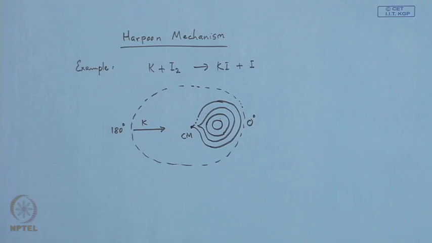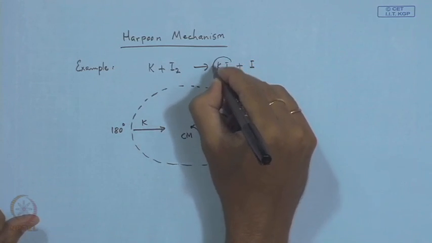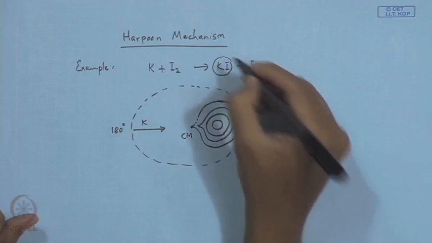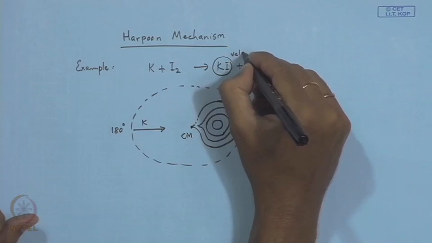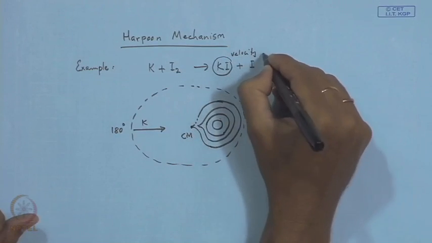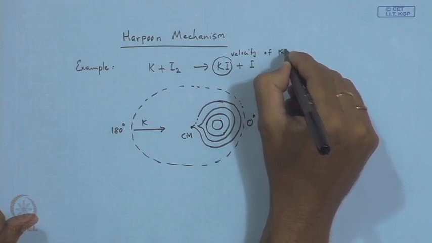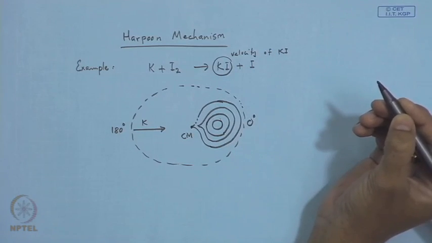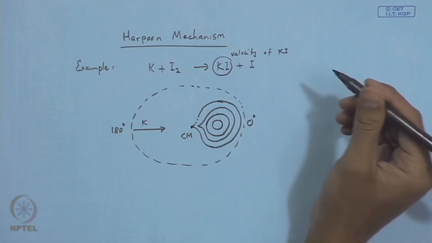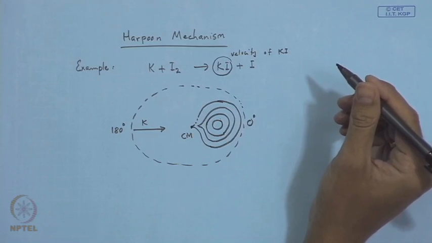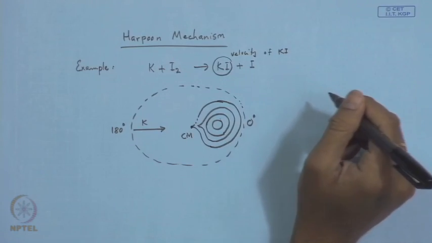This contour represents lines of equal product flux as a function of KI velocity. We are looking into the velocity of KI. Okay. So, it is a contour plot in the center of mass system such that the center of mass is stationary.